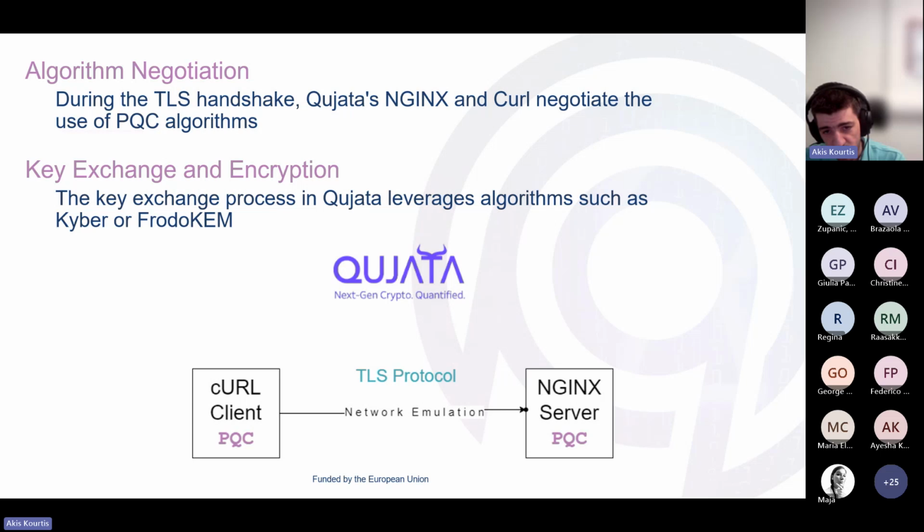The key exchange process in QJATA leverages algorithms such as Kyber and FrodoKEM. Below you can see a very simplified diagram of a CURL client, which performs the transaction, the key exchange between the server and the client.